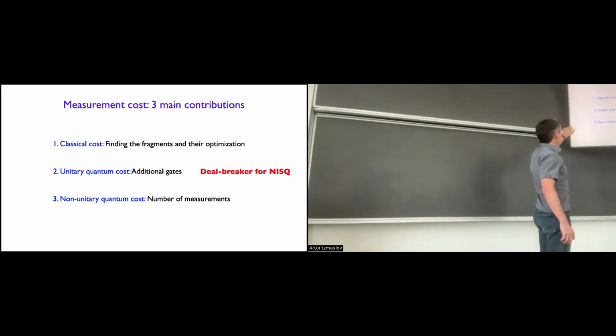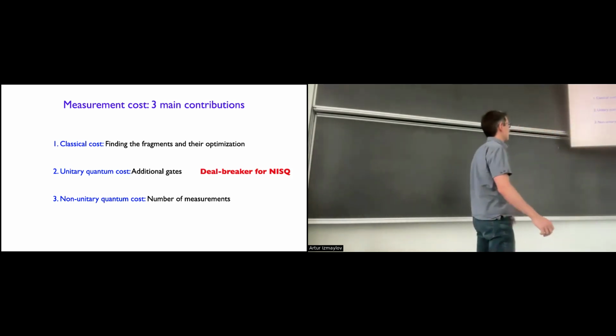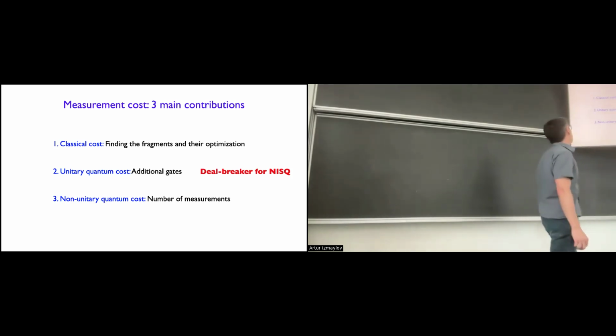Now, to reiterate, in the measurement problem we have three aspects. First, on a classical computer, you need to do all these optimizations, partitioning, and finding the transformations.